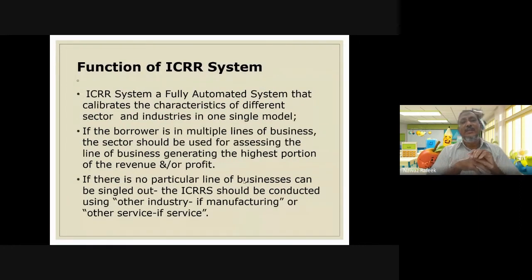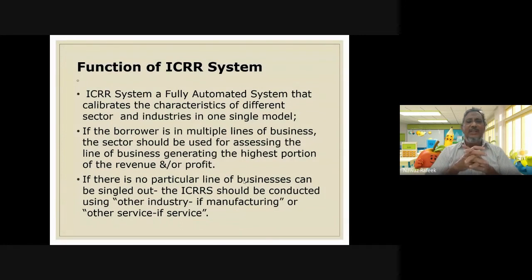So what are the internal rating system functions? The ICRS system is a fully automated system that calibrates characteristics of different sectors and industries in one single model. In Sri Lanka, I don't know which bank has applied an automated system. I have not come across any, but in other countries it is applied.